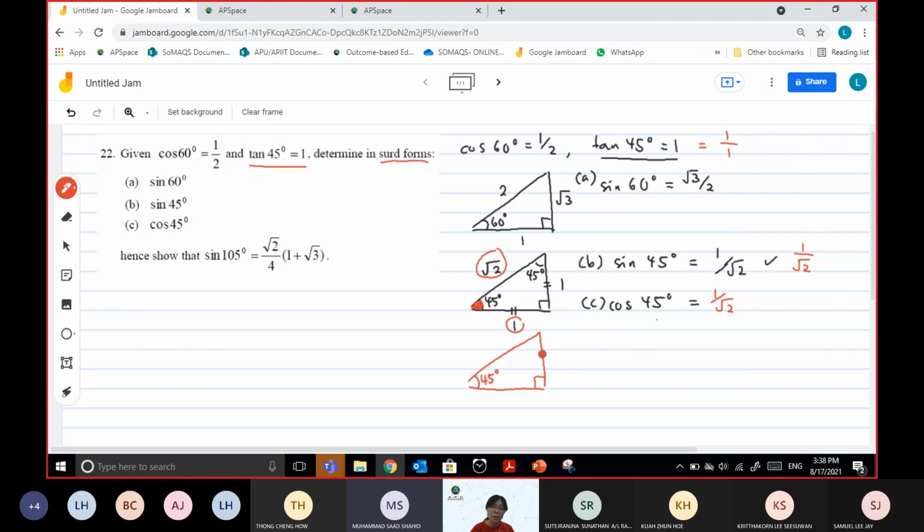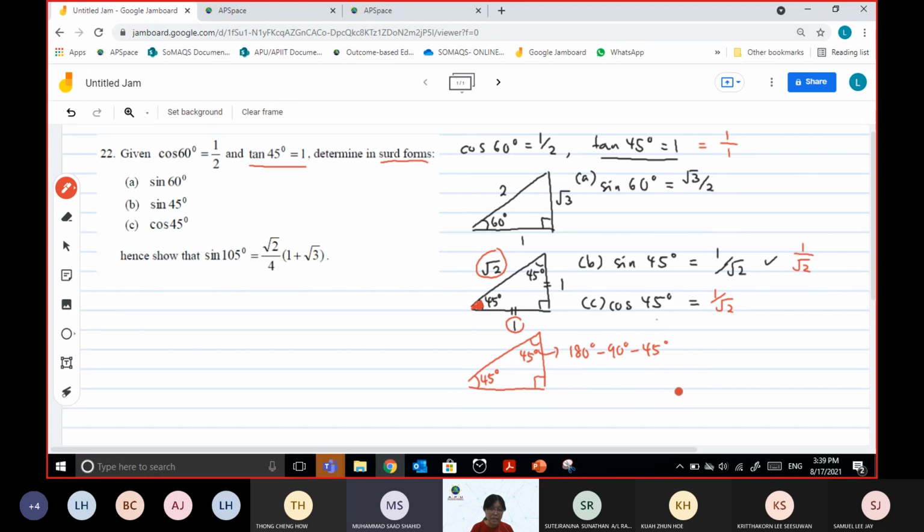The total internal angle is 180, so 180 minus 90 minus 45 gives 45. So this one is also 45. Can you understand?